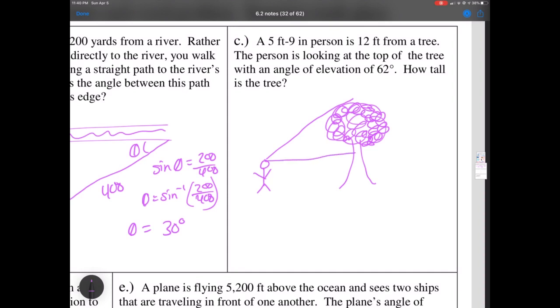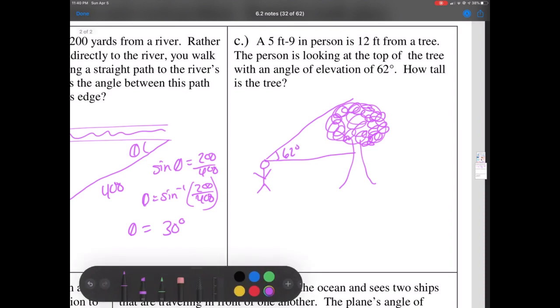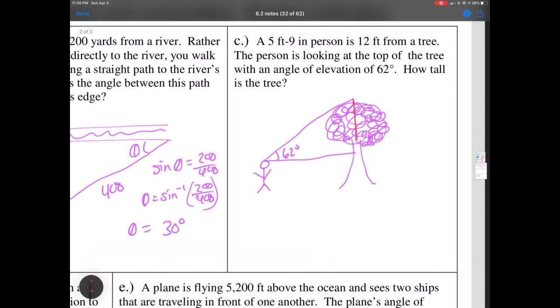In their line of sight, the angle that they're looking at is 62 degrees. So what we want to know is how tall is the actual tree. So we want to find this value, x.